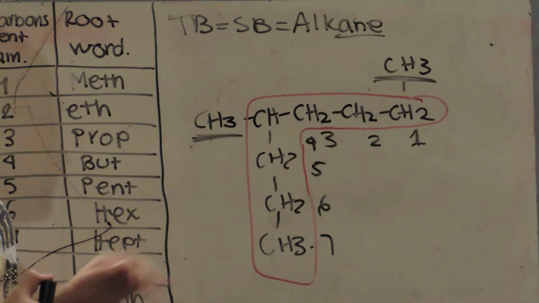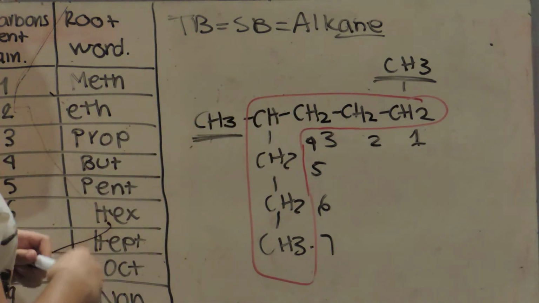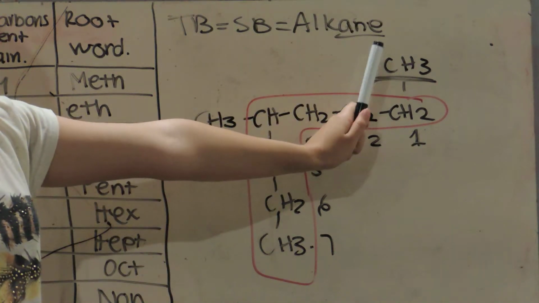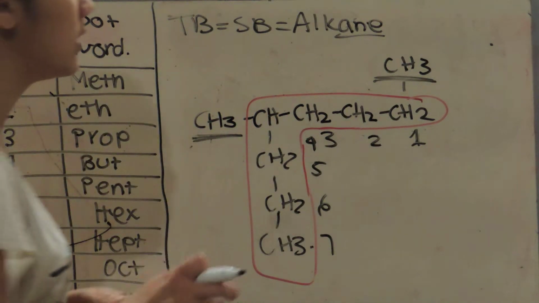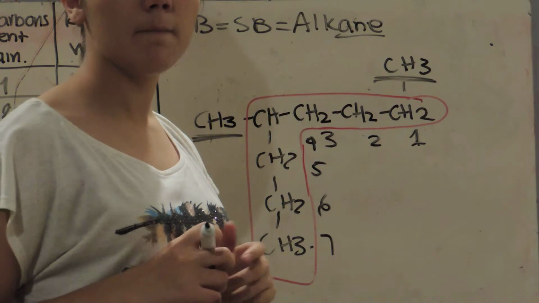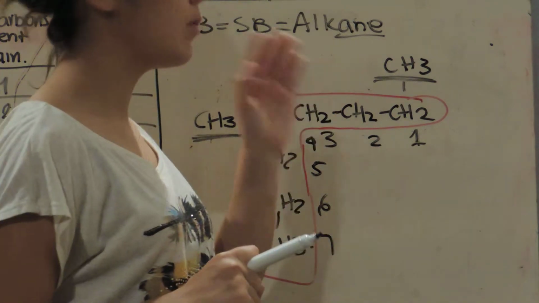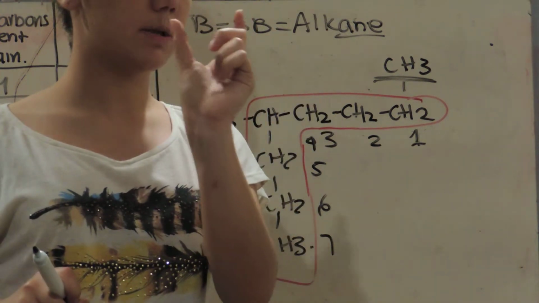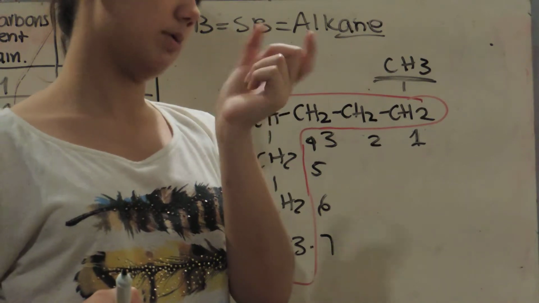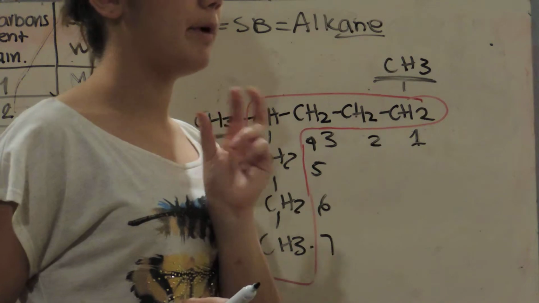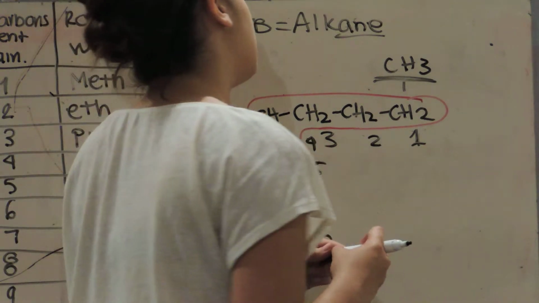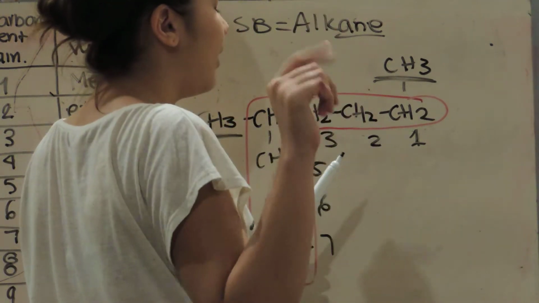We need to put a name to each alkyl group. As we only have one carbon, that equals meth. And how can we identify that it's an alkyl group? With the suffix -yl.